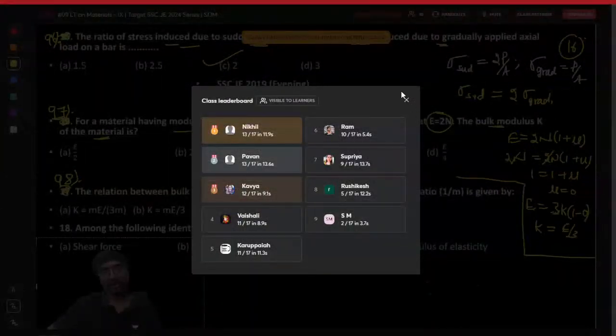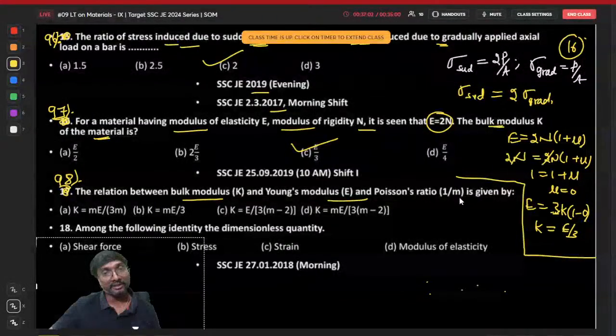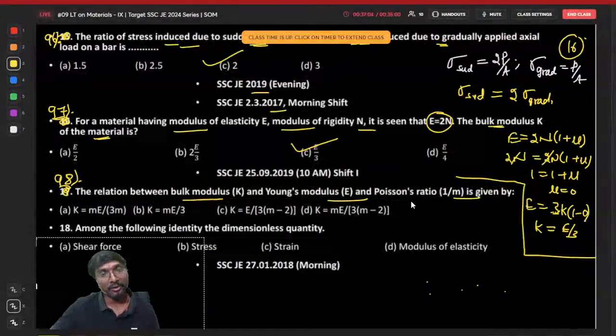This is the leaderboard. Now, the relation between the bulk modulus, Young's modulus and Poisson's ratio 1 by m, right? How can you get it? If you observe, E will be equal to 3K into 1 minus 2 mu. 2 mu is nothing but 2 by m, we have to write it.